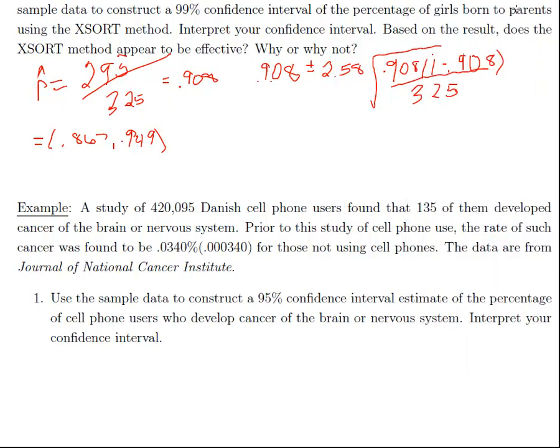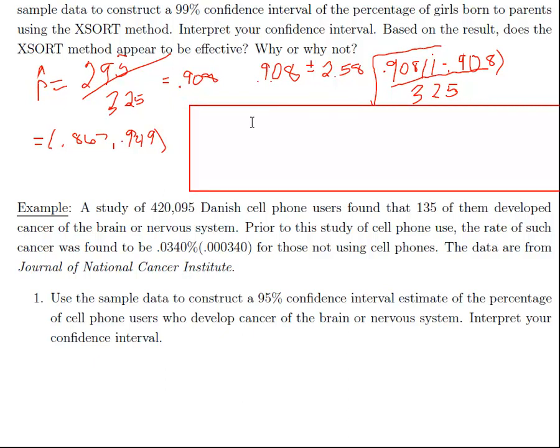Now we want to come back and interpret the confidence interval. Our confidence interval is an interval for the true proportion of girls born for couples that use the XSORT method.